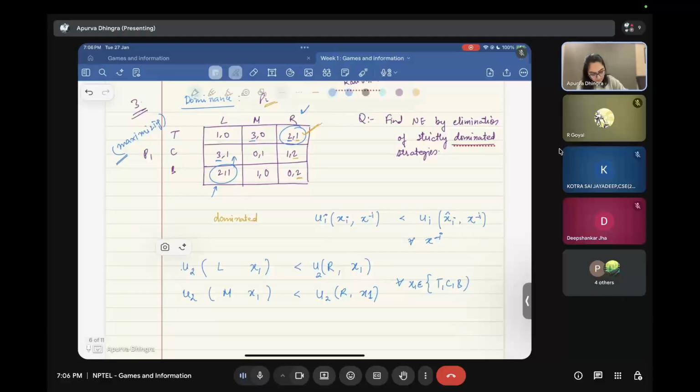So in other words, I can say R strictly dominates L, and R strictly dominates M. Strictly means I can have a symbol like this.